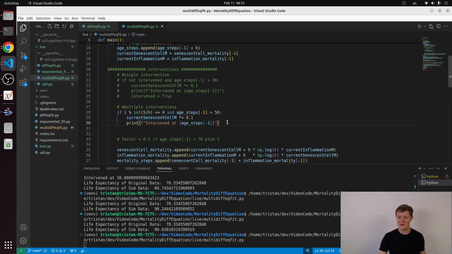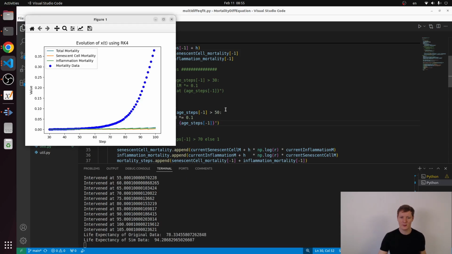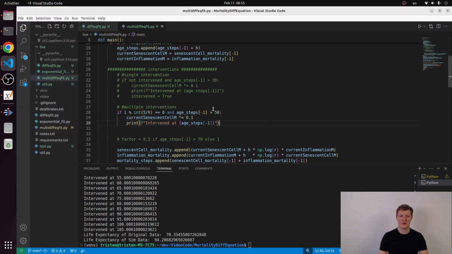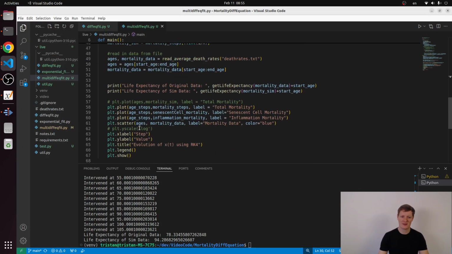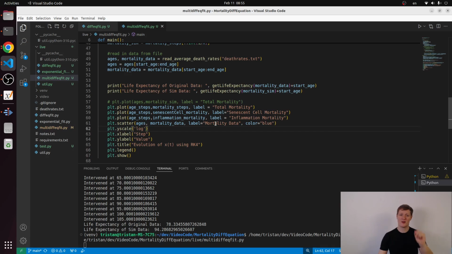And as you can see, when we actually do this, we basically kill aging. And of course, it's not realistic that when we kill senescent cells, we kill aging. It's just because in our model here, we only have 2 factors of aging. And if we kill one of them, the other one will hardly increase over time. So to take a better look at what actually happens here, let's plot this on the log scale.